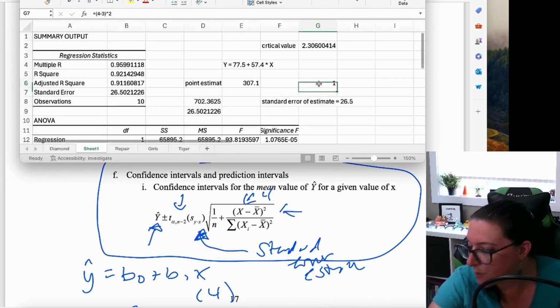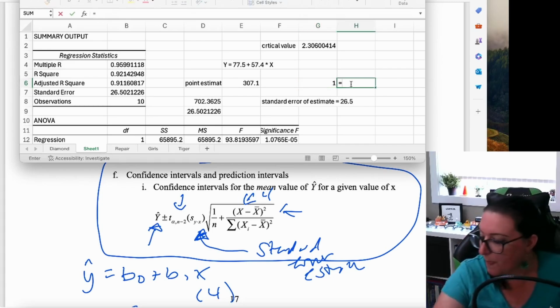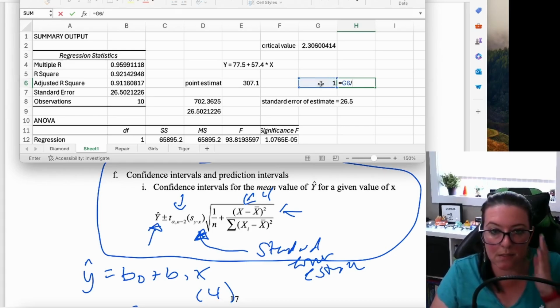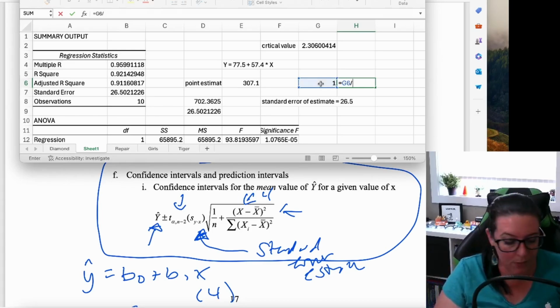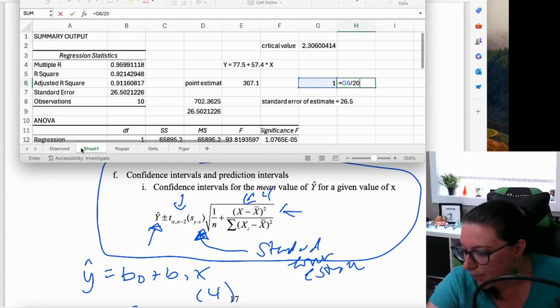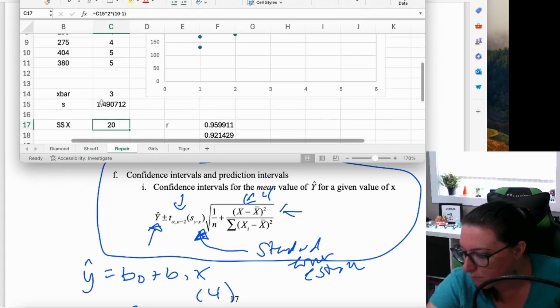That is that number there. Then we're going to take that number and divide it by the sum of squared x. That's the bottom of the formula. That sum of squared x we just figured out was 20, and that was on my other tab. So you can actually see it right here. Sum of squared x is 20.